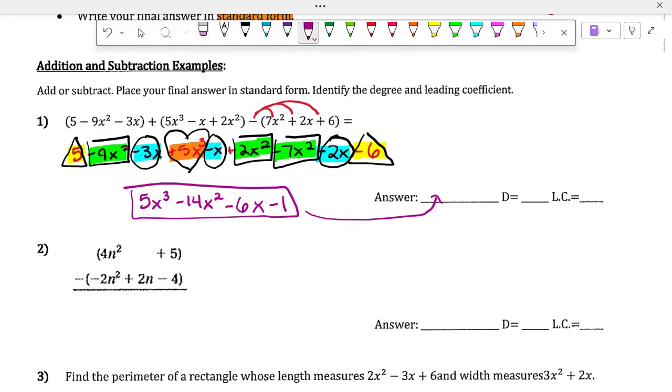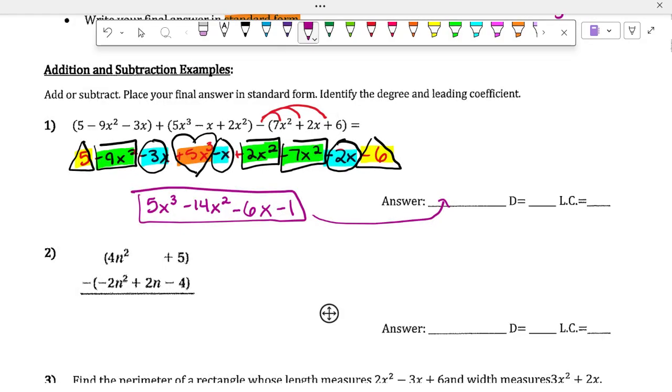So, and Bradley, pick someone to tell me the degree. So it's cubic or degree of, what's the number? 3. So it is cubic, but I'm just going to say it's a degree of 3. So again, in parentheses, I'll put cubic.